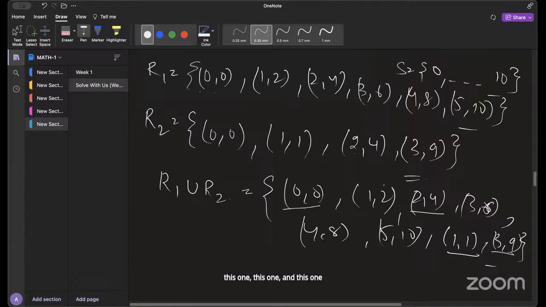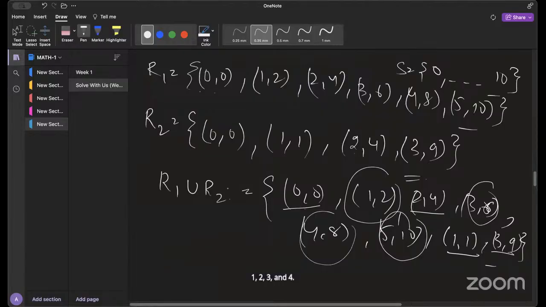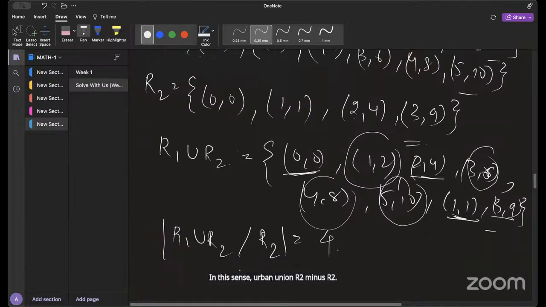So you will be left with these elements 1, 2, 3, and 4. So if you do R1 union R2 and then remove the set R2, the cardinality will be 4. Because you're going to remove the underlined ones and the circled ones will be left in this set, R1 union R2 minus R2. Is this fine?